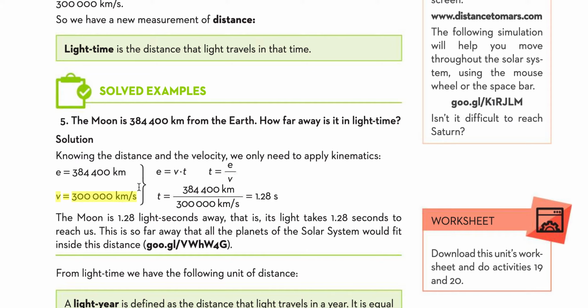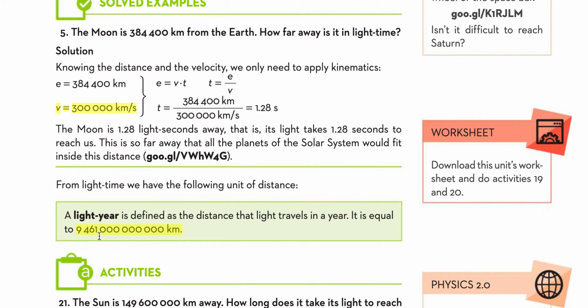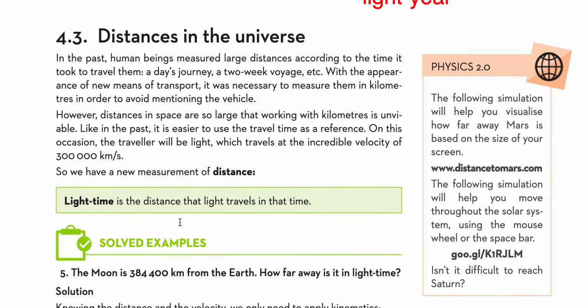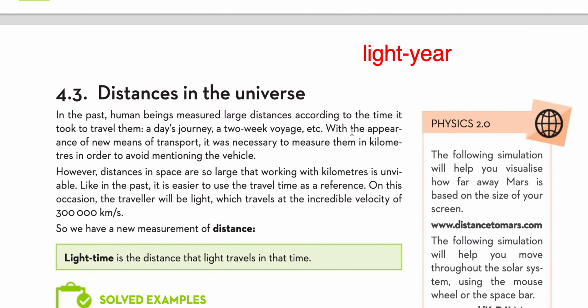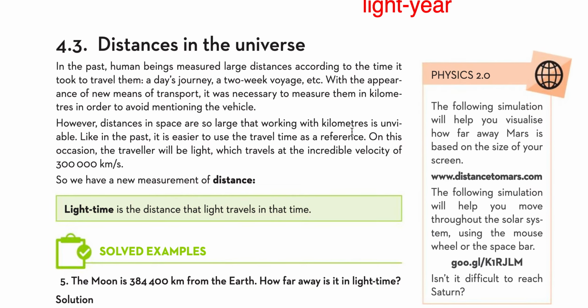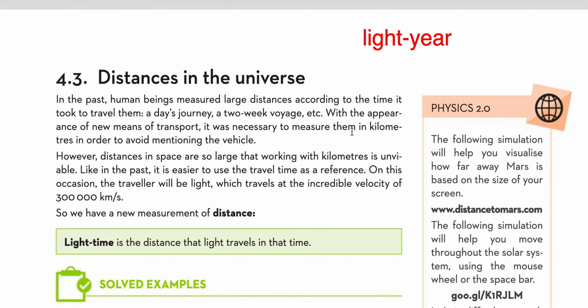So imagine all the seconds in 1 year. If you multiply the velocity, this number, times the seconds in 1 year, what you get is this number, the kilometers in 1 light year. So a light year is a unit of distance. It is not a unit of time. It's a way to measure distances in our universe.